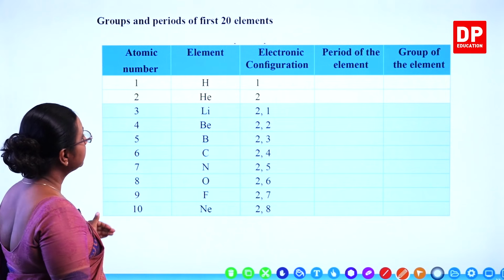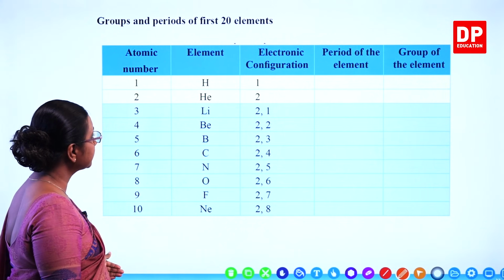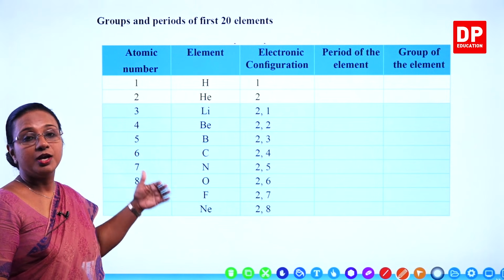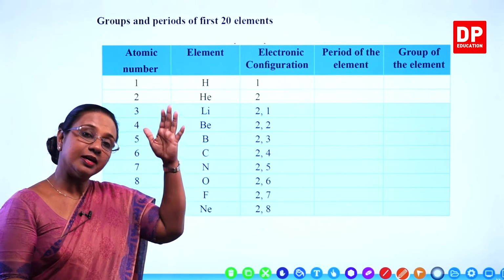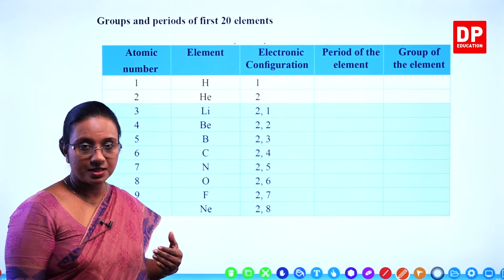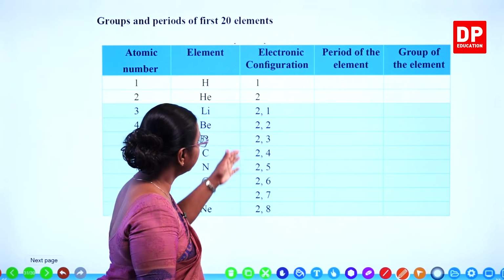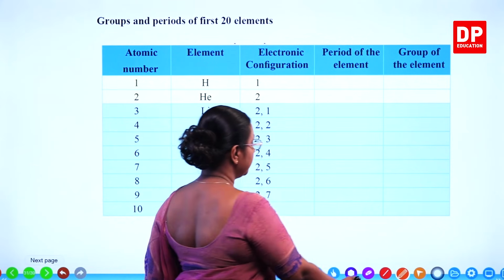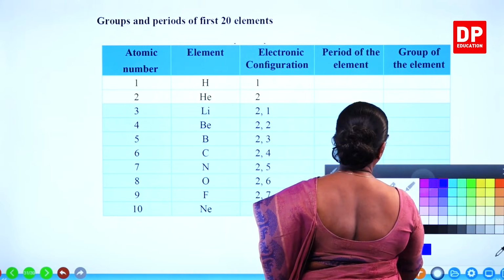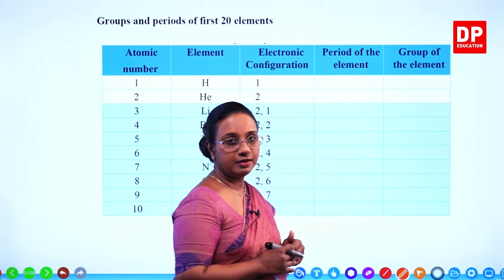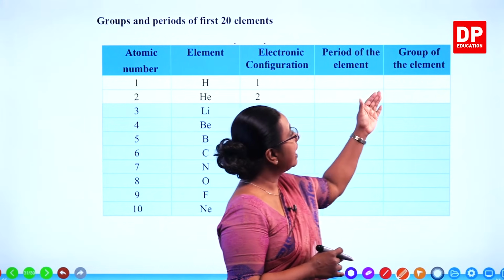So here you can see the atomic number is given. You know the elements, and by now you would have memorized the correct order of the first 20 elements. And you know to write the electronic configuration. Using these two, you will be able to identify or find the period of the element and the group of the element.